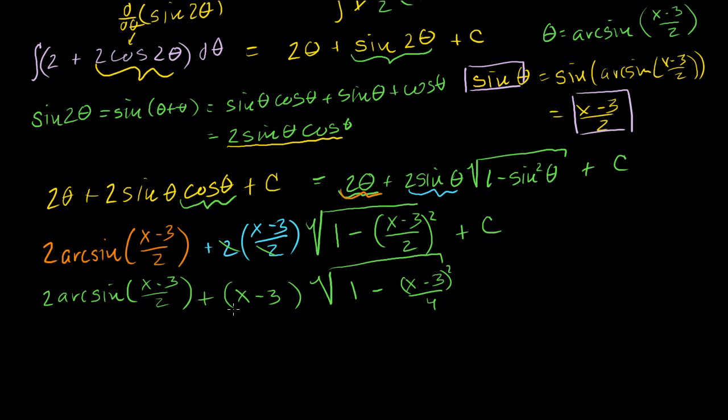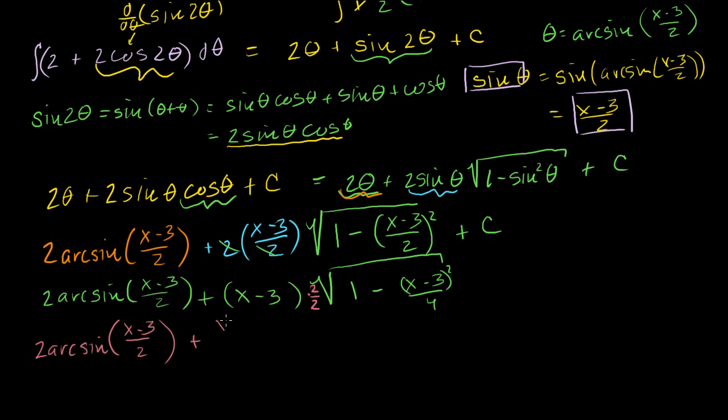If we multiply, let me just focus on this term right here. Let's multiply and divide this by 2, so let's just multiply this times 2 over 2. And you might say, Sal, why are you doing that? Because I can rewrite this. Let me write my whole thing here. So I have 2 arc sine of x minus 3 over 2. And then I could take this denominator 2 right here.